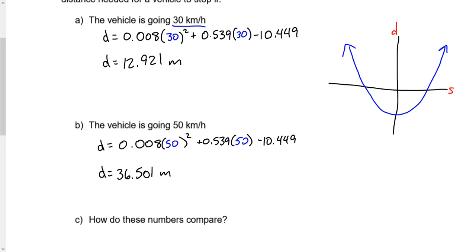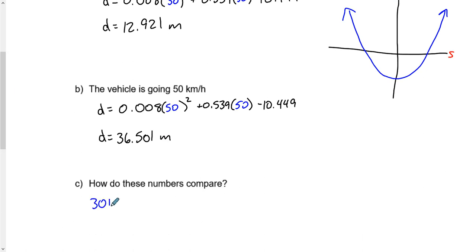If you're going 30 kilometers per hour, it takes you approximately 13 meters to stop. But if you increase your speed by only 20, you haven't even doubled your speed, and you have almost tripled your stopping distance.